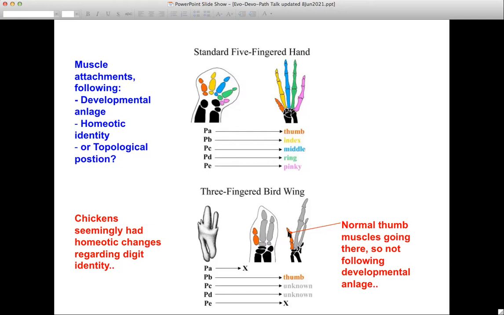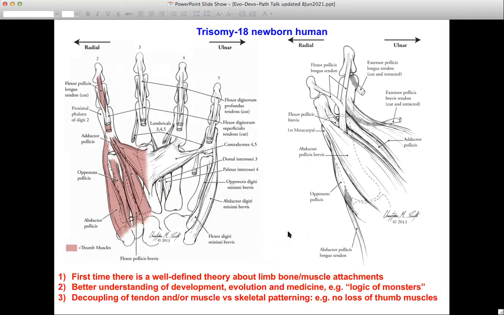Another one is the developmental anlagen, and the other one is just topological position, being more radial, more ulnar. What our comparative studies really show is that the information that the muscles are following to know where to go is not given by genes, it's not given even by developmental anlagen, because clearly this digit is the second digit, embryologically and genetically. How do we know that?